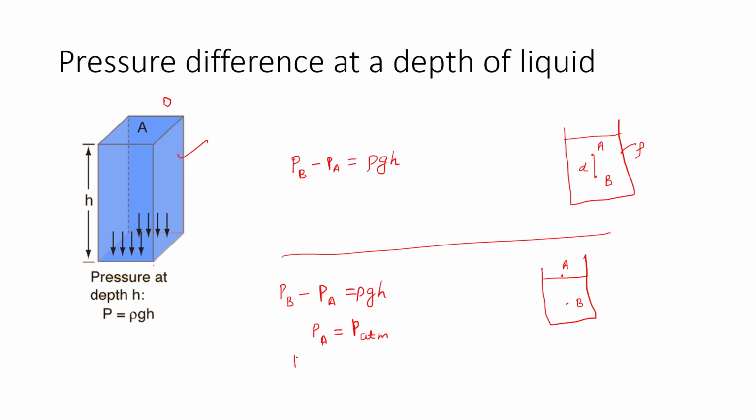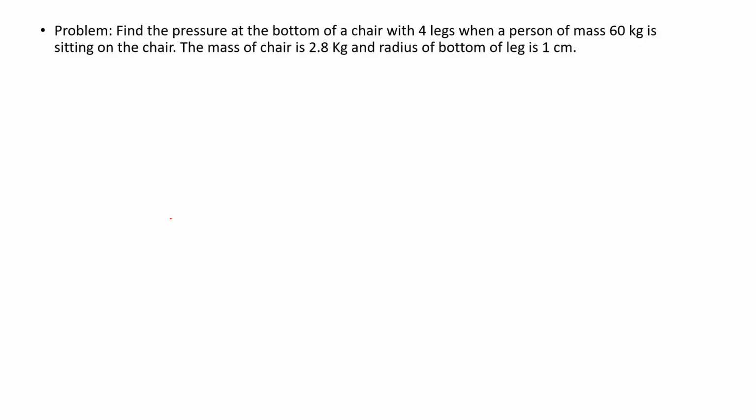So this can be written as Pb minus Patm, which is equal to rho g h. Now this term Pb minus Patm is known as gauge pressure. Okay, so this is known as gauge pressure. Okay students, now let's move on to the next slide.